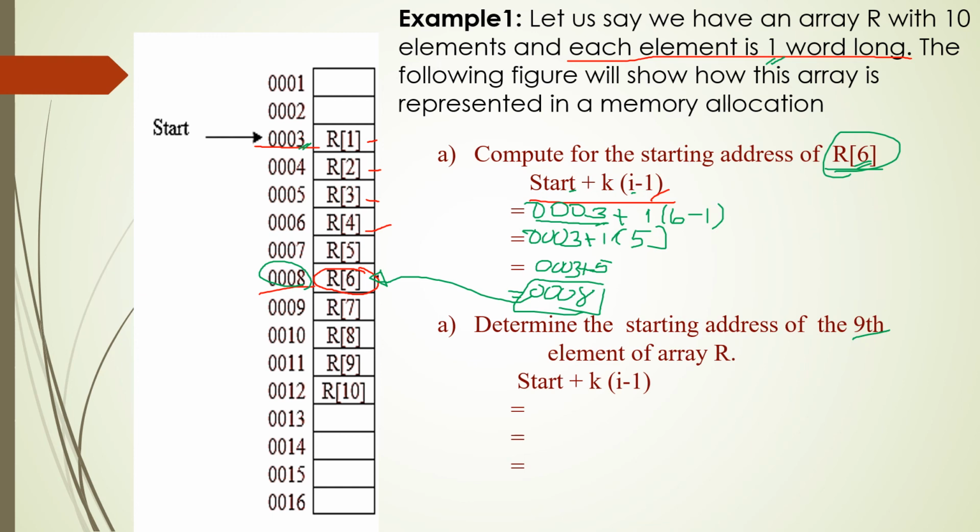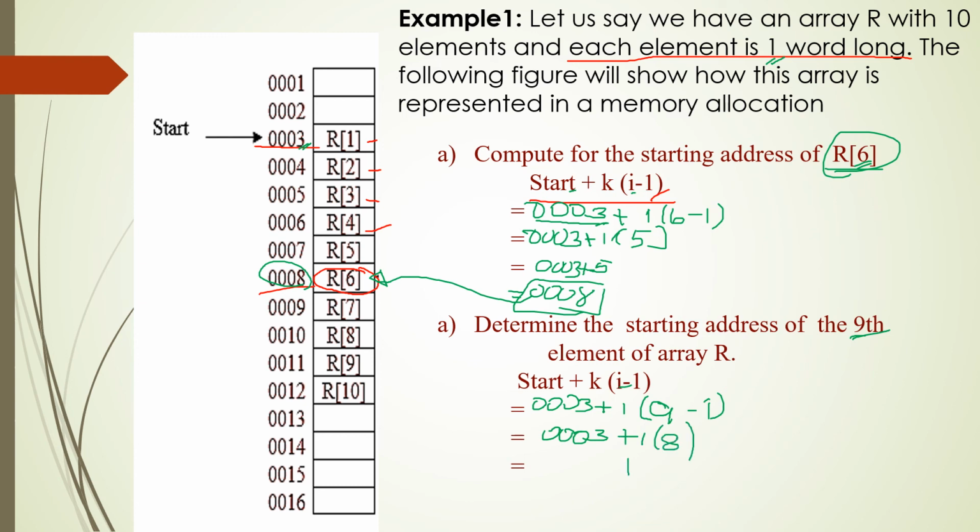Now, what if we're going to determine the starting address of the ninth element of this same array? Okay? So, again, start is 0003. And k is 1. And i, we refer to the desired element. So, 9 minus 1. So, 0003 plus 1 times (9 minus 1), 8.